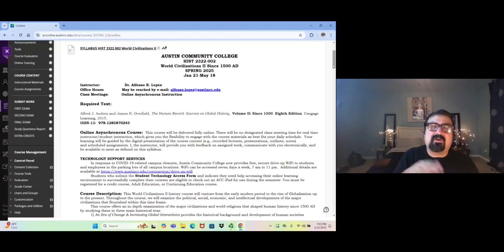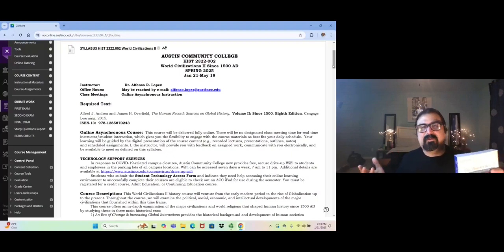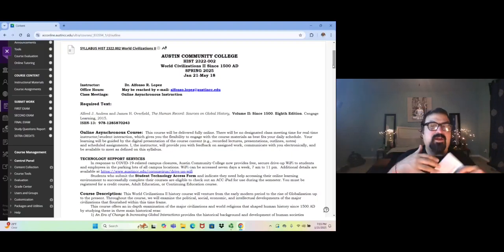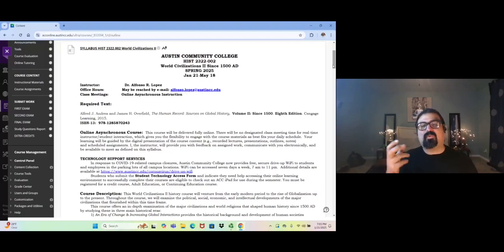They do vary significantly, particularly in this case, because this textbook is not a standard conventional textbook in the sense that you're getting a narrative of historical events that you read from cover to cover following a specific sequence, but rather, as the title suggests, it is a collection of primary historical sources.